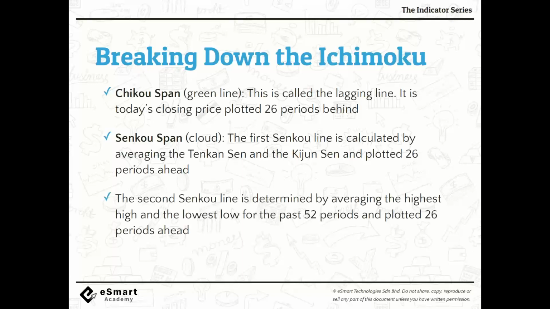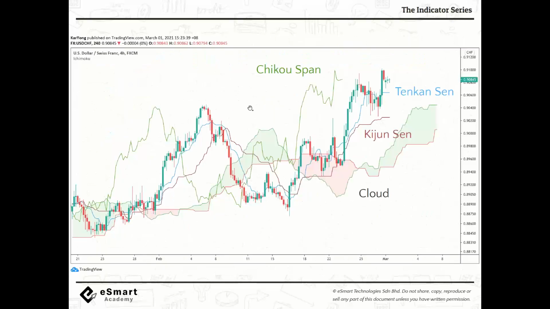Anyway, I'll show you the chart first so you understand which 4 components we are talking about. The cloud is actually the most obvious one. You can see it is run by 2 lines, and whatever is in between is highlighted. That is called the cloud. This one is red, that one is green, and that's what we refer to as the cloud.